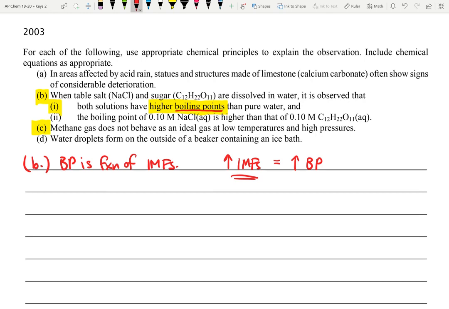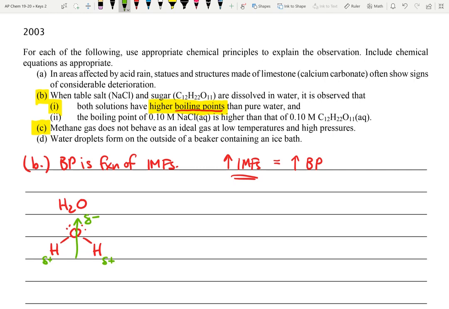Well, what intermolecular forces are present in plain water? Hopefully we know that H2O, as we look at that molecule, has a rather strong dipole as we draw its Lewis structure. We've already identified this a number of times, but water has a pretty strong dipole in this direction. So we typically label the oxygen end of the water molecule as slightly negative, and the hydrogen end as slightly positive, either the two hydrogens or just the region between the hydrogens.